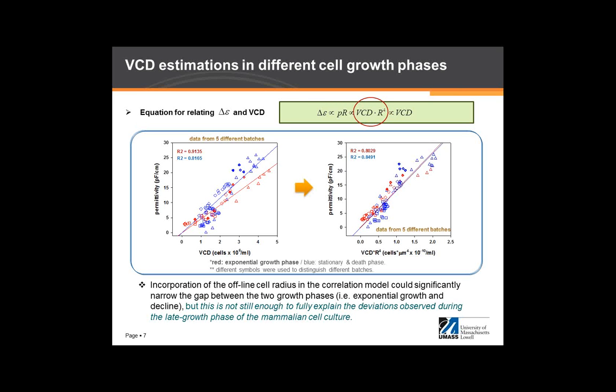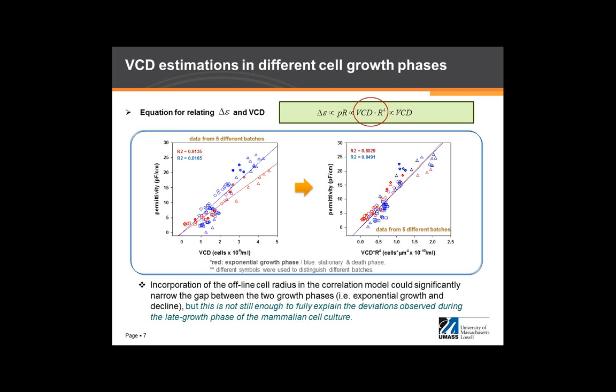And after we replaced the calculated radius value with the value measured from the offline instrument, we see the correlation plot and regression plot between the capacitance and the viable cell density again on the right-hand side. And still, as you see at the lower corner, you see quite clearly the merging into one consistent set of numbers.